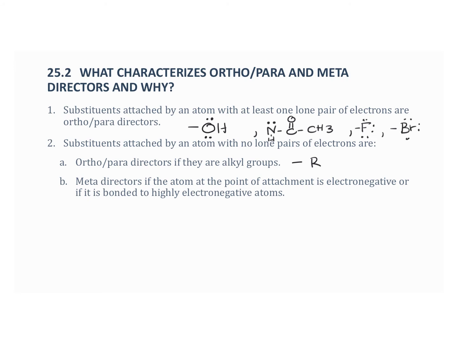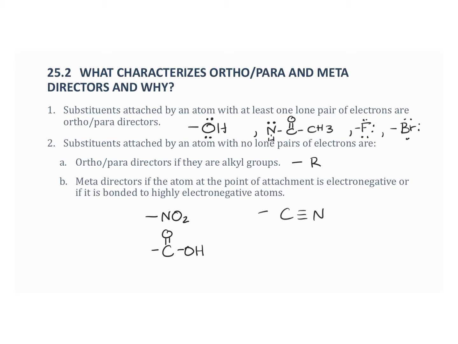So those are some examples there. And then I want you to notice that things are meta-directors if they have a point of attachment that is electronegative or is bonded to highly electronegative atoms. And so this is going to be things like your NO2, okay? Things like your carboxylic acids, things like your cyanides.